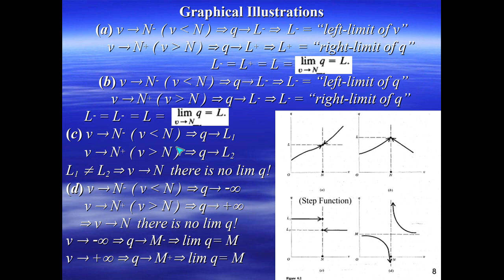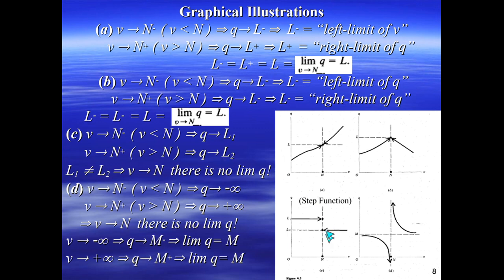So when V goes to n minus, which is V being less than n, from this side, from minus infinity to n towards n, the value of the function is L1 and it goes to L1. But when we go from plus infinity towards n, from values above n, then the value of the function is L2 and it goes to L2. L1 is different than L2.